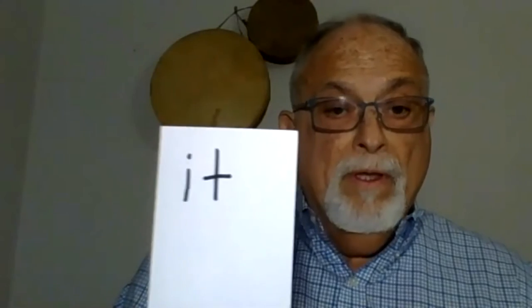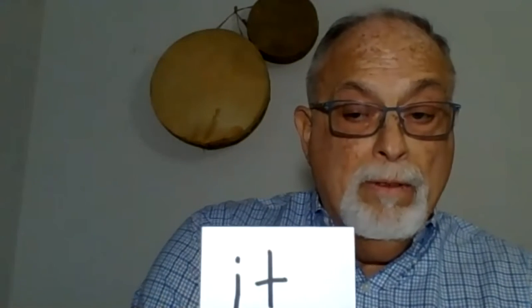Now we're going to go over what is a closed syllable. I'm going to write a word, and I wrote it here. If you look at this word, what does the word end in? You're right, the word ends in T. And we know that T is a consonant. What is the letter before T? It is I, and I is a vowel.